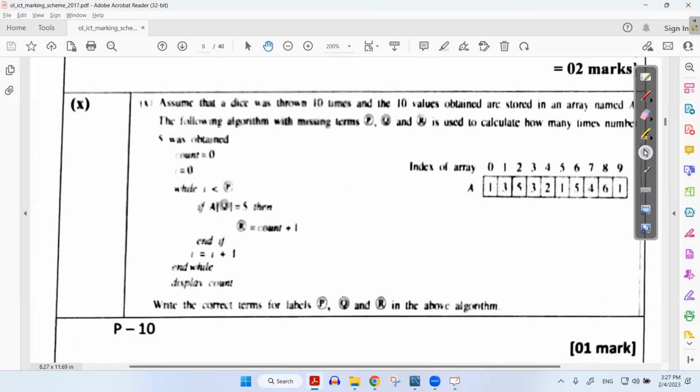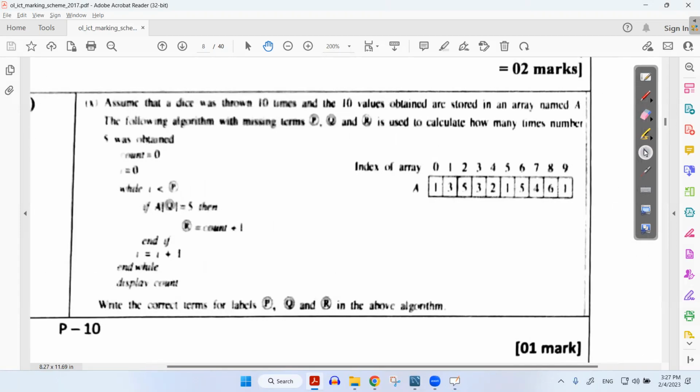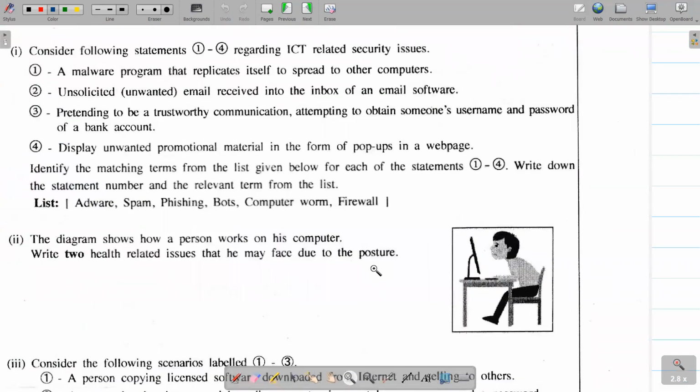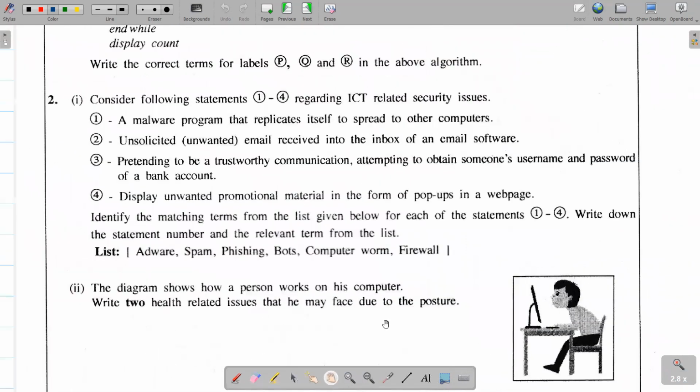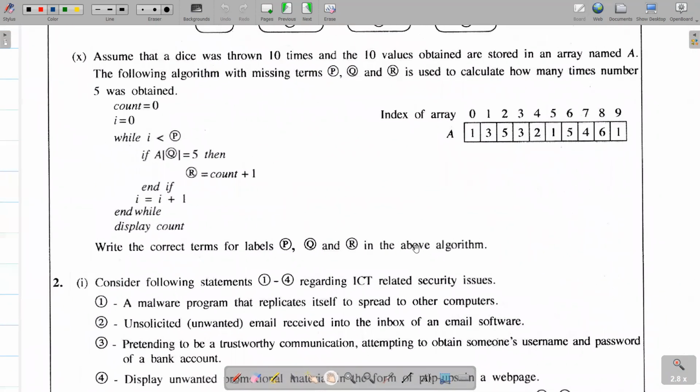The 10th question is about hand tracing and filling out a particular array. So let me do it using the whiteboard. So you will get a much clearer idea about that. Right.